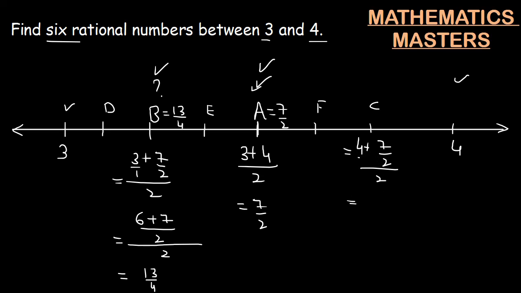That means 4 times 2 is 8, plus 7, upon 2, whole upon 2. That would be equal to 15 upon 4. Correct answer. So my C is 15 upon 4, the rational number. So till now we have found out the 3 rational numbers. Similarly, we can find out the other 3 rational numbers using the same method.